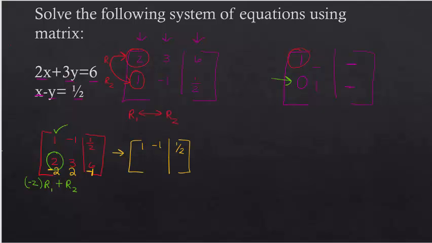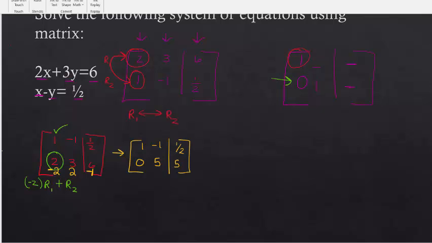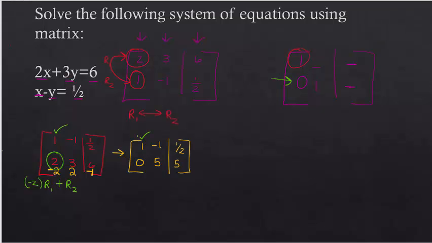But now our bottom row, -2 plus 2 is 0, 3 plus 2 is 5, and 6 take away 1 is 5. Right, we can see we have a 1 and a 0. So remember, these all have to be 1s on the diagonal, so the only thing we have left now is to try to turn this 5 into a 1.